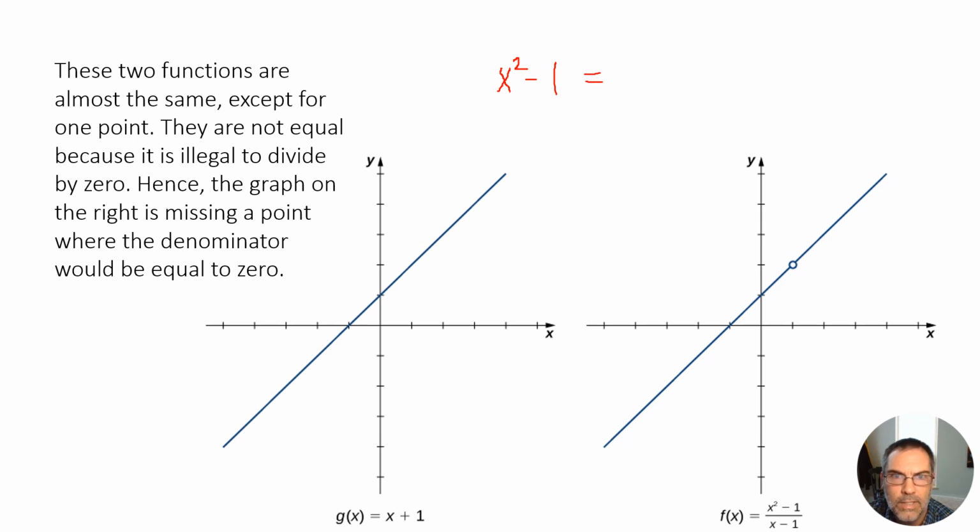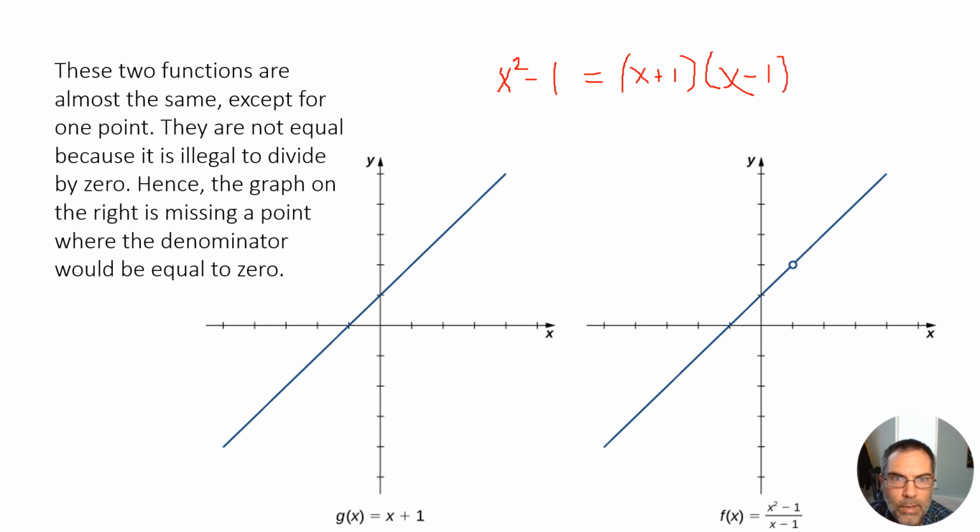You could factor this as x plus 1 times x minus 1. Sorry, this is probably excruciating. I need to have an iPad or something so I can write on that rather than writing with my mouse.